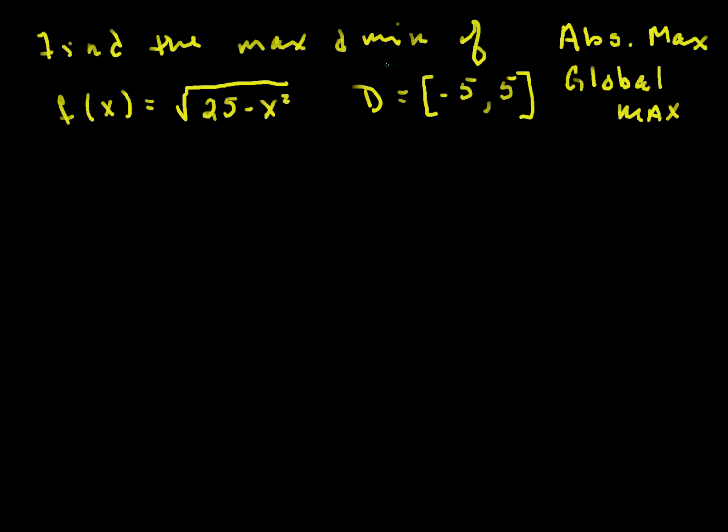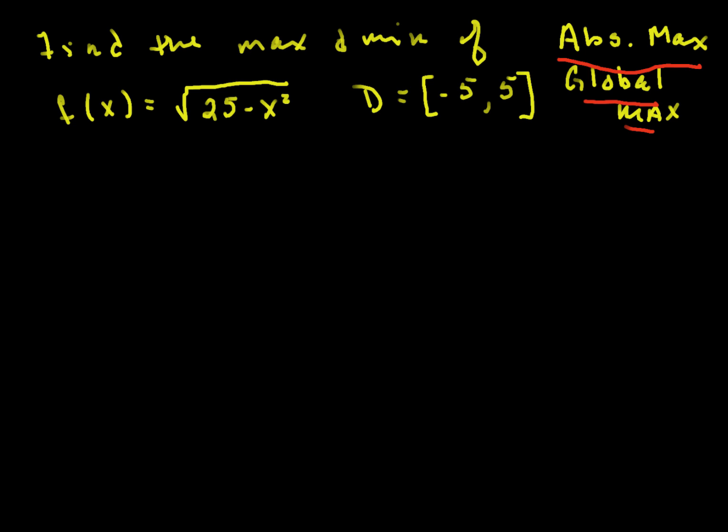I want to find just the maximum value of my function and the minimum value of the function. The reason these are used in other places is to distinguish from what are called local maximum or local minimum, which we'll look at in the next video.